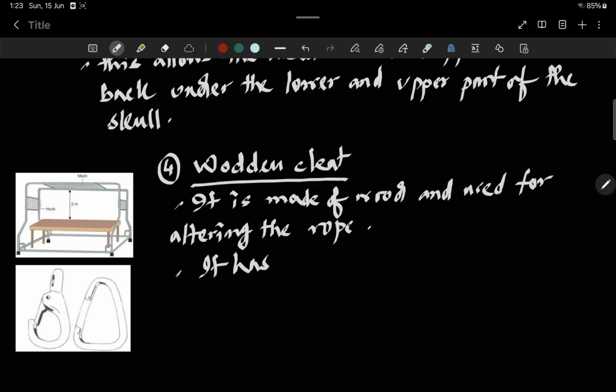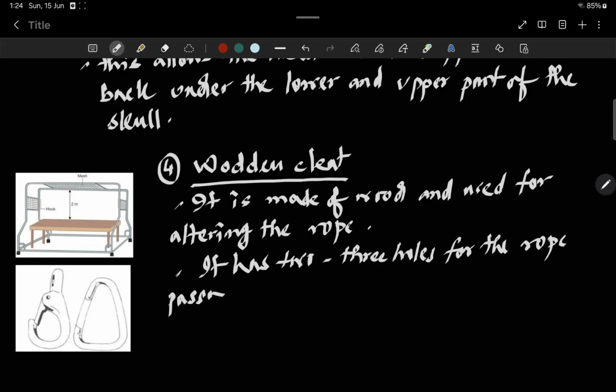It has 2 to 3 holes for the rope passage.